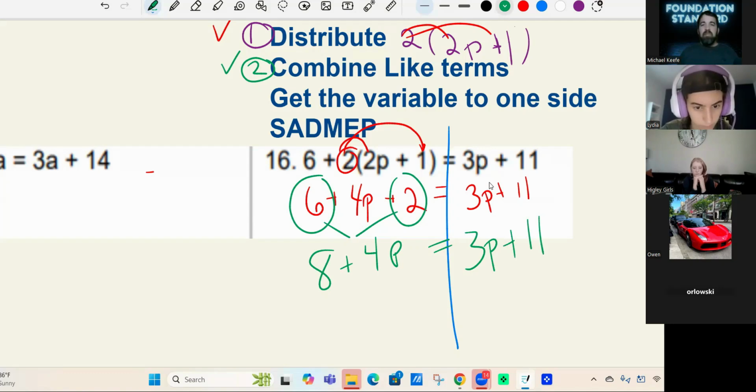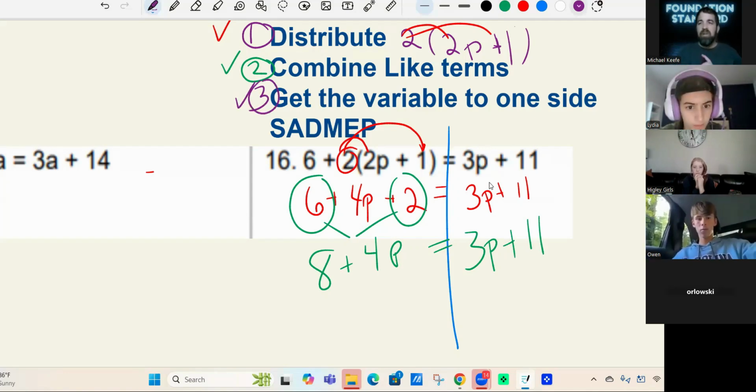And I'll look at my steps again and say, okay, is the variable on only one side of this? And if we look at that step, get the variable to one side, do we have a variable on both sides of that equation? Right? We have a 4p on the left and 3p on the right.